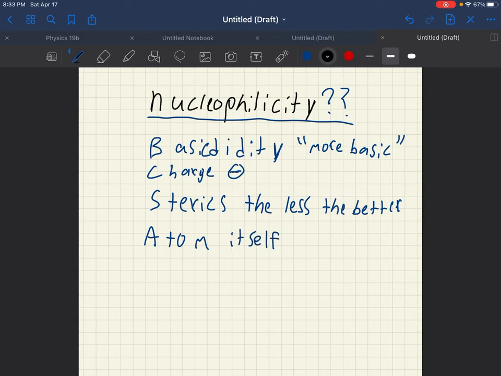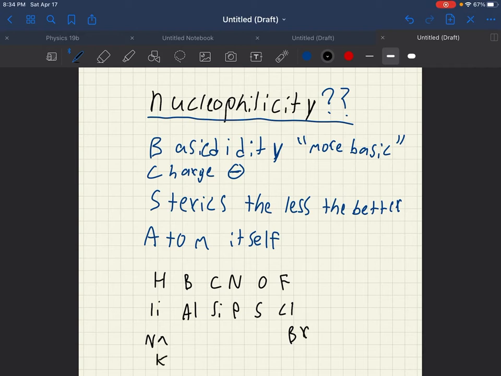If we draw out the periodic table, going this way is better, and going this way is better when it comes to nucleophilicity. Now that we have that under our belts, let's take a look at solvents.